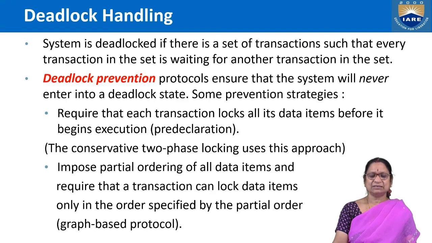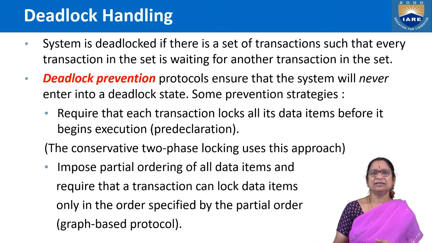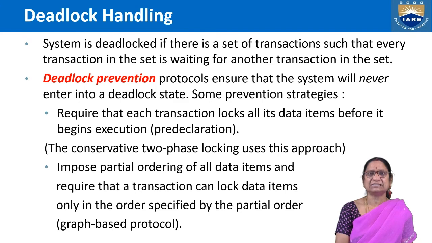The system is deadlocked if there is a set of transactions in the system such that every transaction in the set is waiting for another transaction in the set to get completed. This example was explained using two transactions only. In a schedule, there may be n transactions, and all of them may be in the deadlock state.